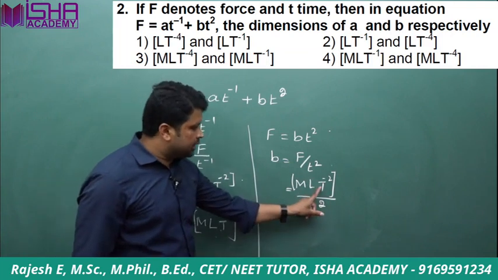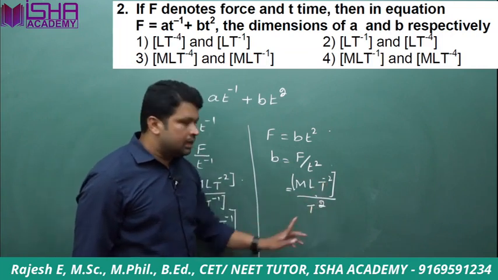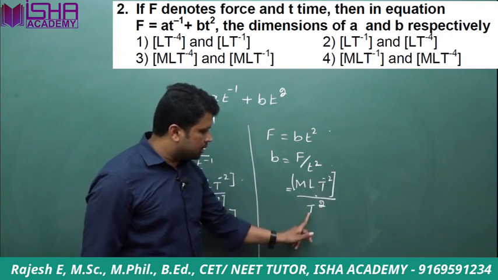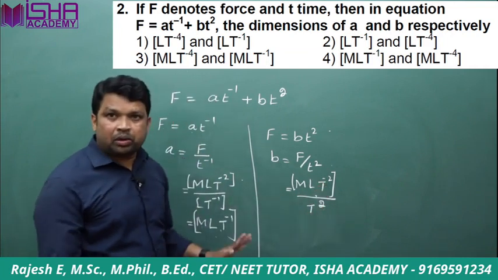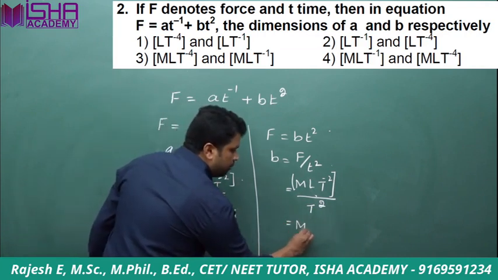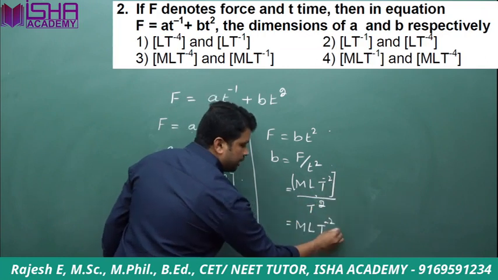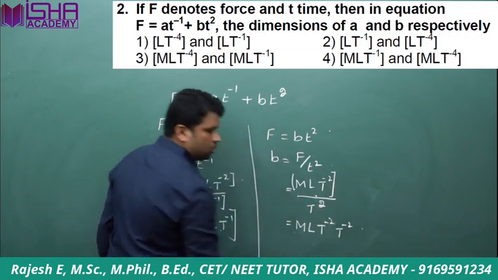Remember, if it is T plus 2 and this is also T plus 2, both will cancel. Here this is T minus 2, here this is T plus 2. They are not going to cancel each other. Remember, right? So this will become M L T power minus 2. Take it to the numerator, this will become T power minus 2.